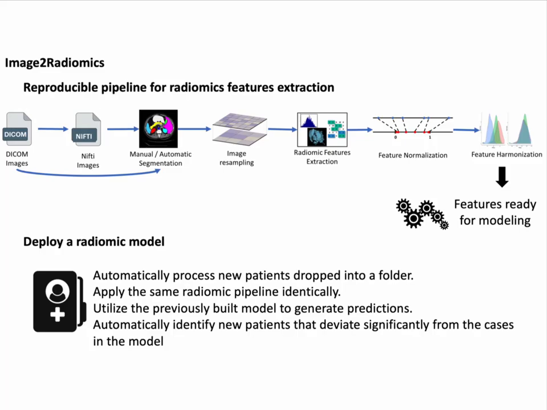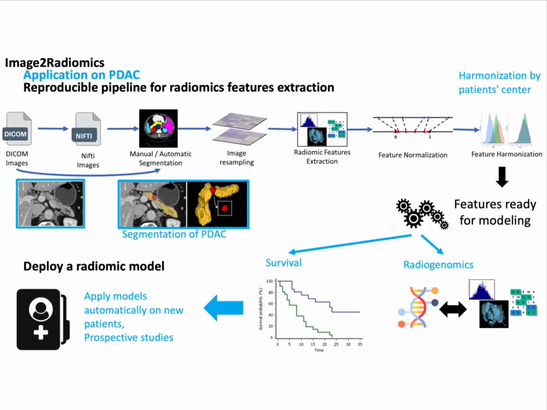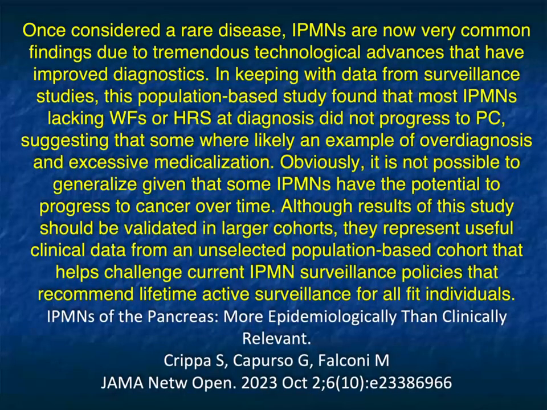So if you look at our pipeline, the idea is for automated segmentation, feature harmonization. You're looking then at taking perhaps even further, looking at radiogenomics, looking at survival, and putting all of these various pieces together to get an optimal pipeline.